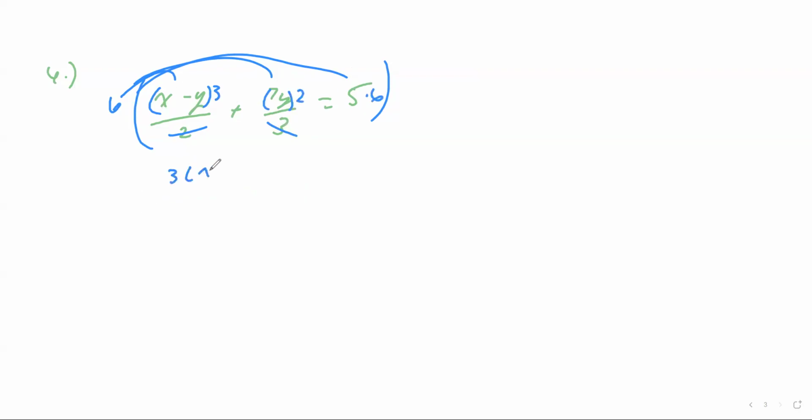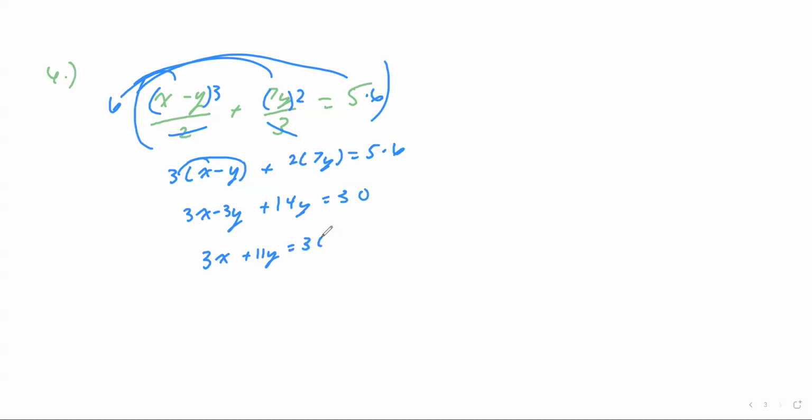So I now get 3x minus y plus 14. Now I'll just write it out so y'all can see it. 2 times 7y equals 5 times 6. So distribute. This is 3x minus 3y plus 14y equals 30. Combine like terms, I get 3x plus 11y equals 30.